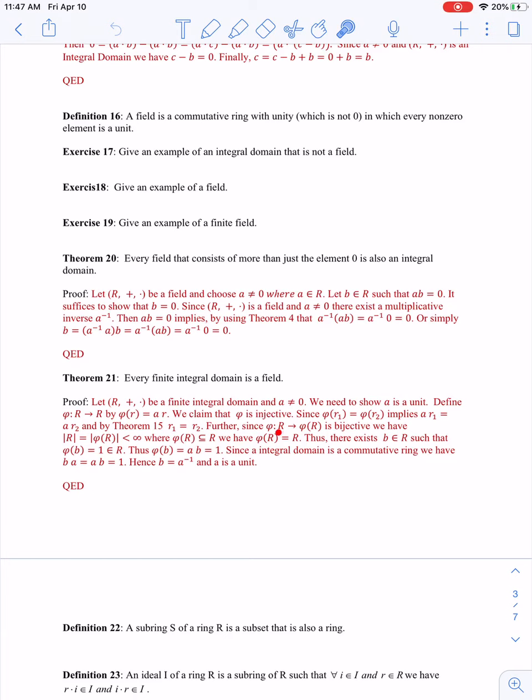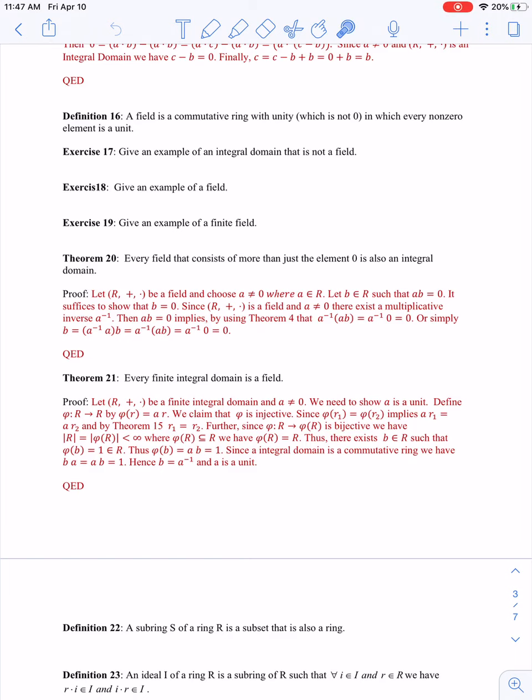Now, if I just look at phi going from R to its image, so there's the image of phi. Any map going from a set to its image is automatically surjective. Well, I've just shown it's injective. If I only look at the image over here, then that map has to be surjective as well.